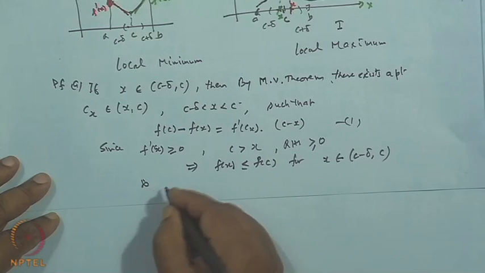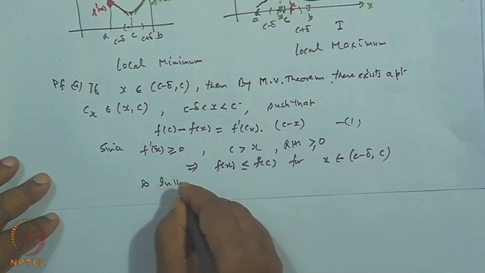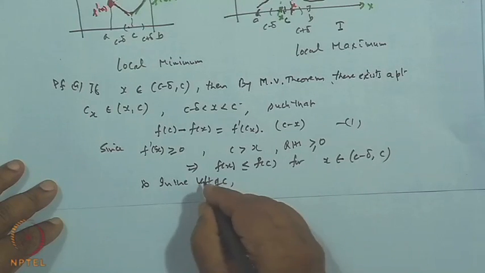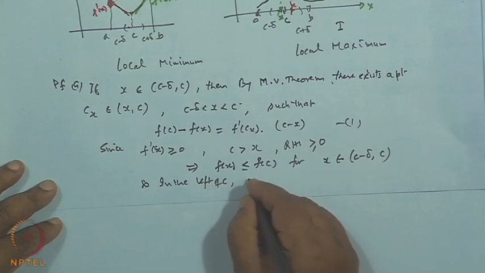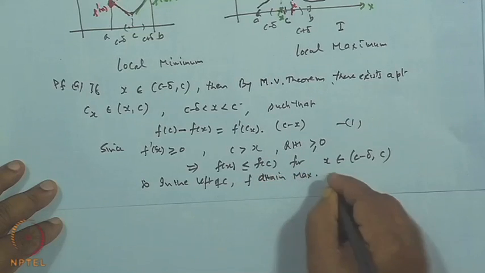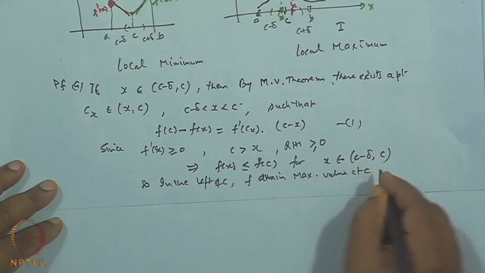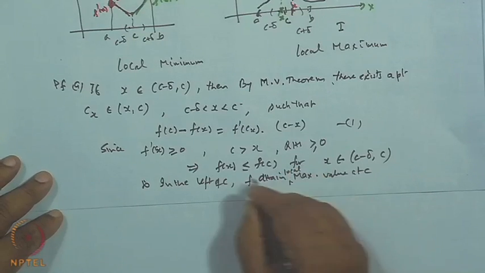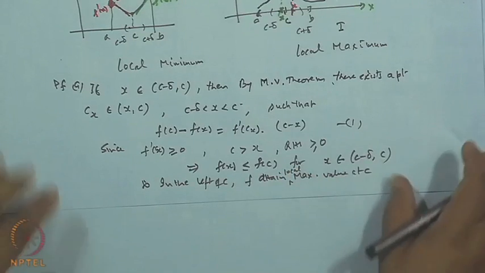So, in the left of c, the function f attains a local maximum value at c. You can say local because we are choosing only the neighborhood around this.